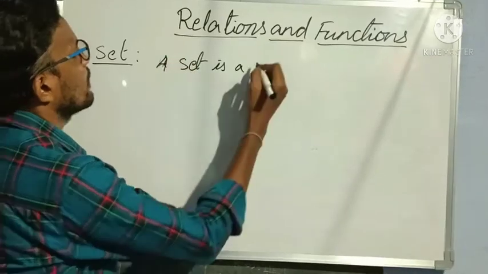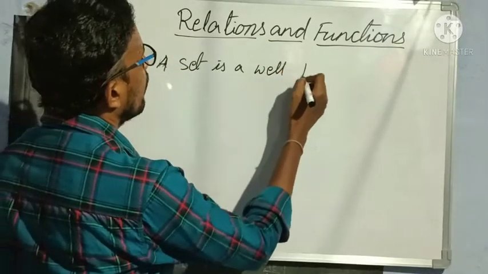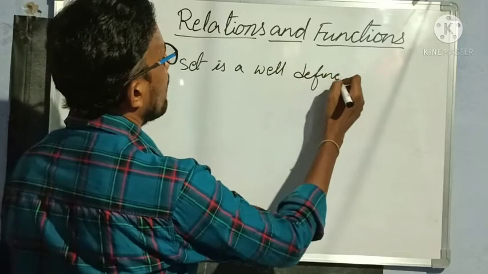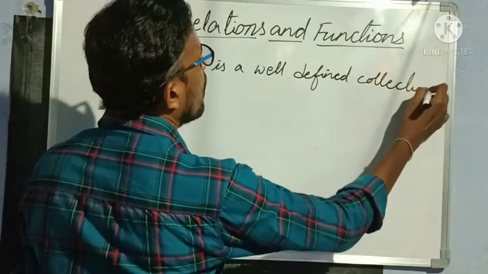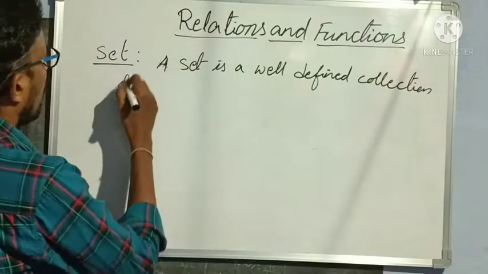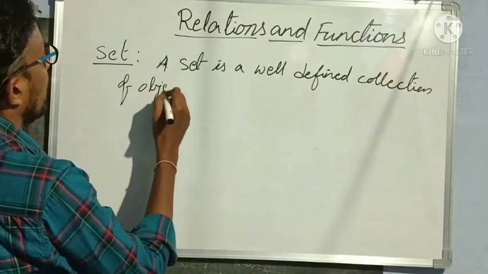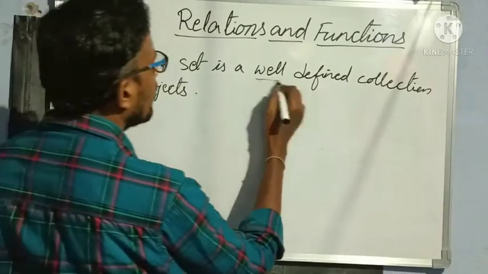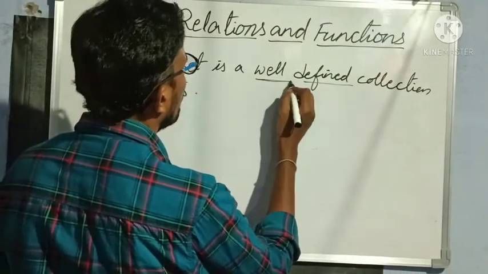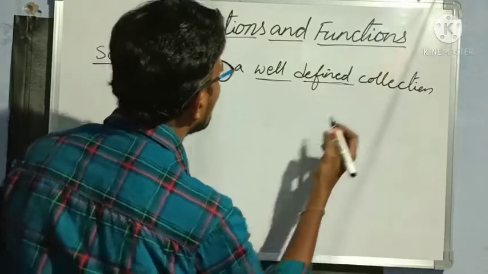A set is a well defined collection of objects. What is the meaning of well defined? Well defined means having a definite meaning.